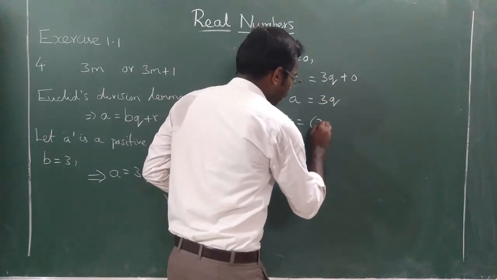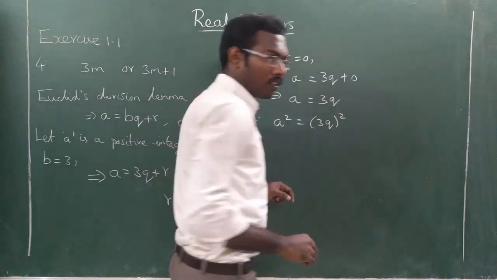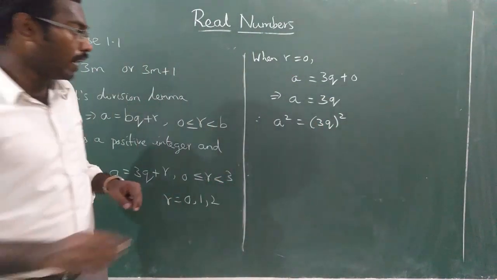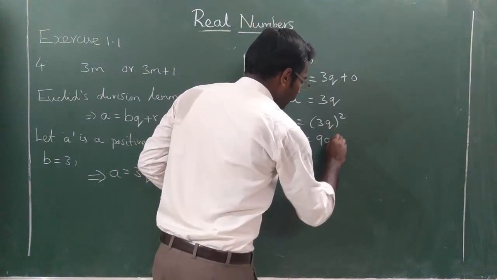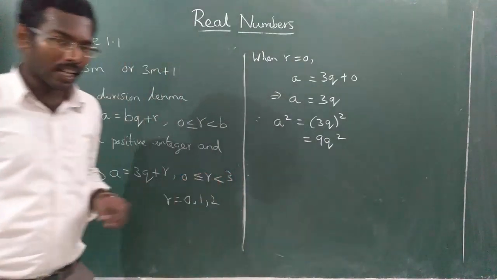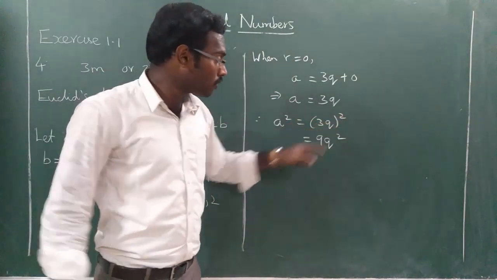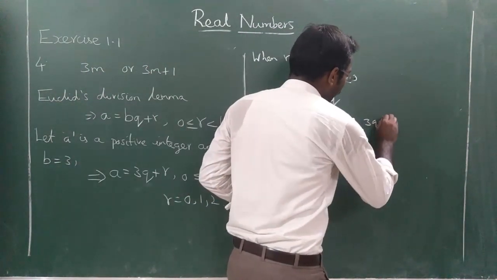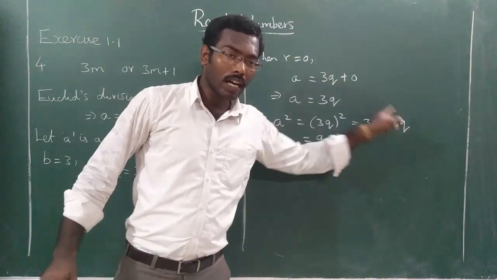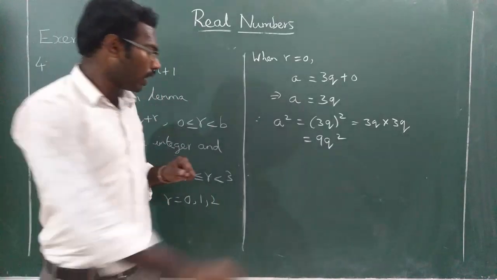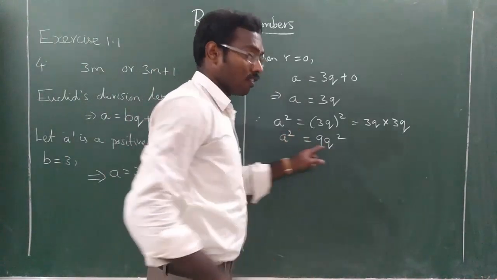So 3q the whole square is equal to 3q into 3q, that is, 3 threes are 9, q q's are q square. So now A square is equal to 9q square.